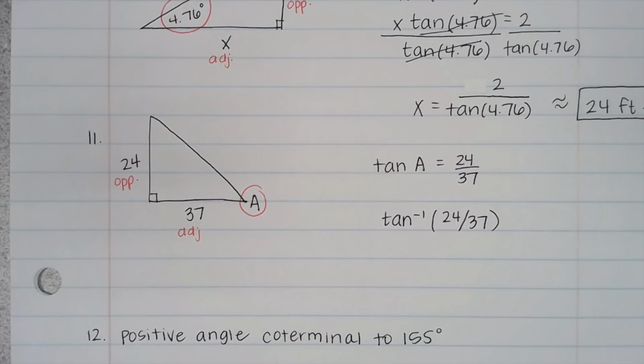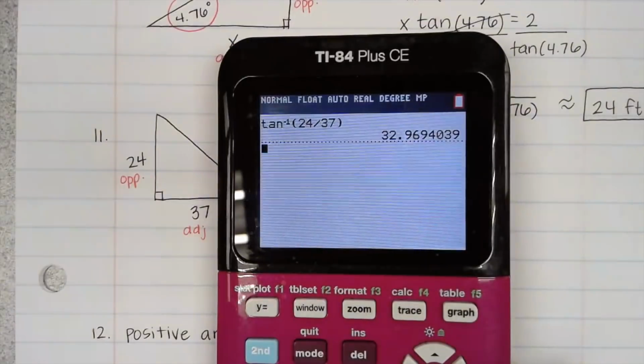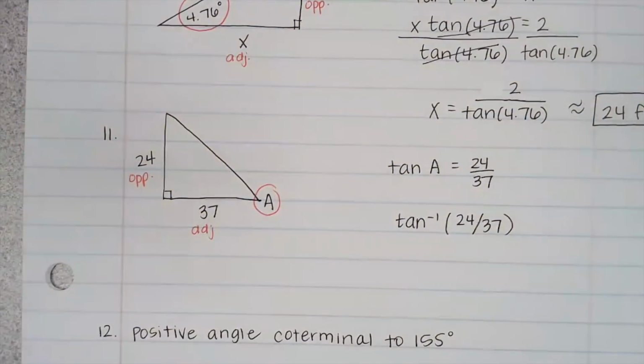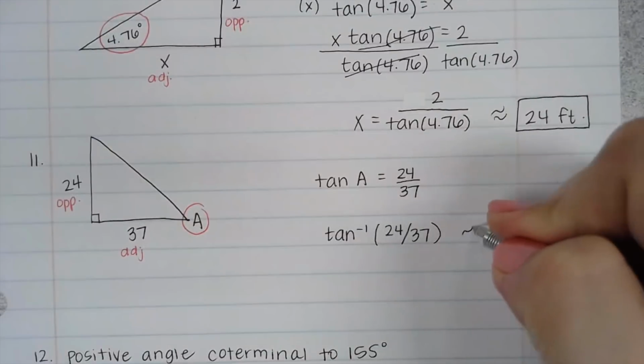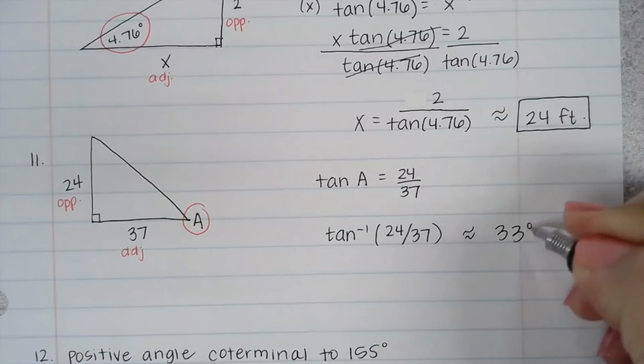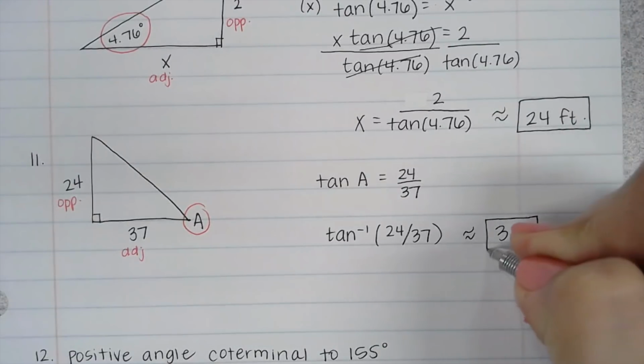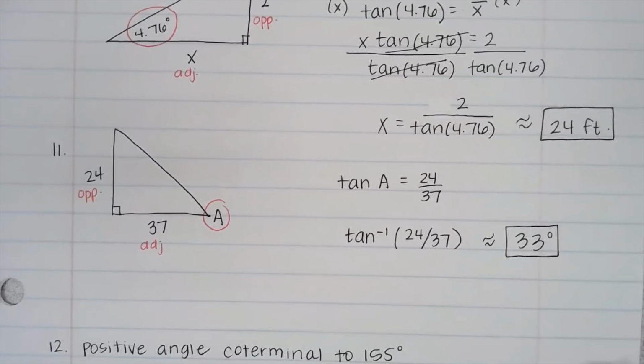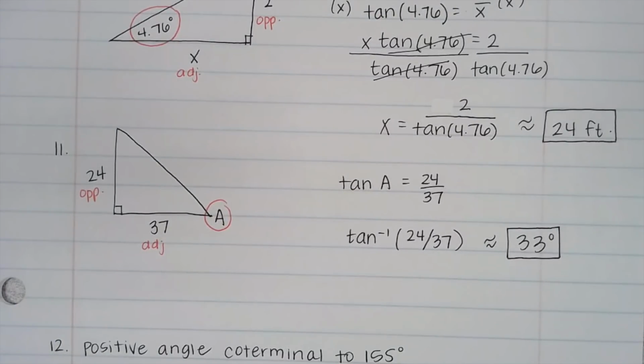So second tangent, 24 divided by 37. And then the directions for this question want us to round our answer for number 11 to the nearest whole degree. So when we type that into our calculators, we get this, and then round it to the nearest whole degree. It would be 33 degrees, would be the angle of elevation of the sun at that time of day.